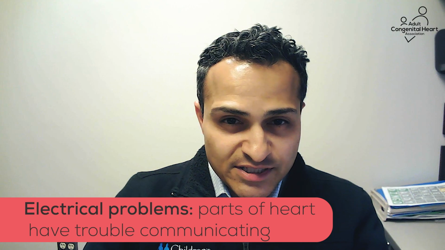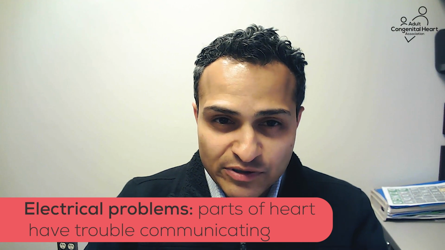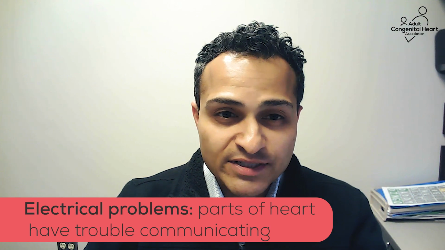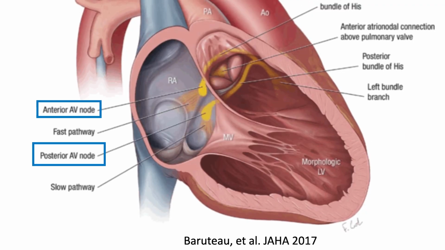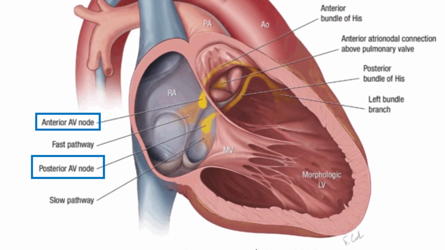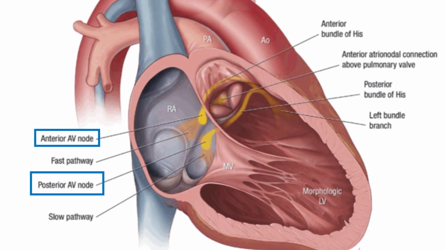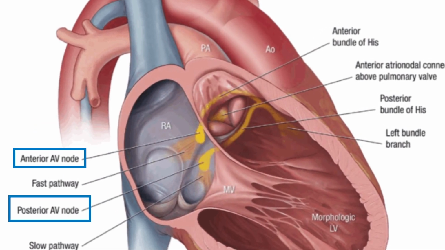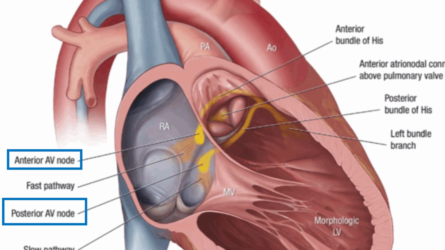And then I should mention there's a fourth issue, and that's related to the conduction system of the heart. The conduction system refers to the electrical signals of the heart, which activate the heart muscles and tell it when to squeeze. In CCTGA, the AV node, which is one of the pacemakers of the heart that communicates the signals from the top chambers to the bottom chambers, is abnormal.